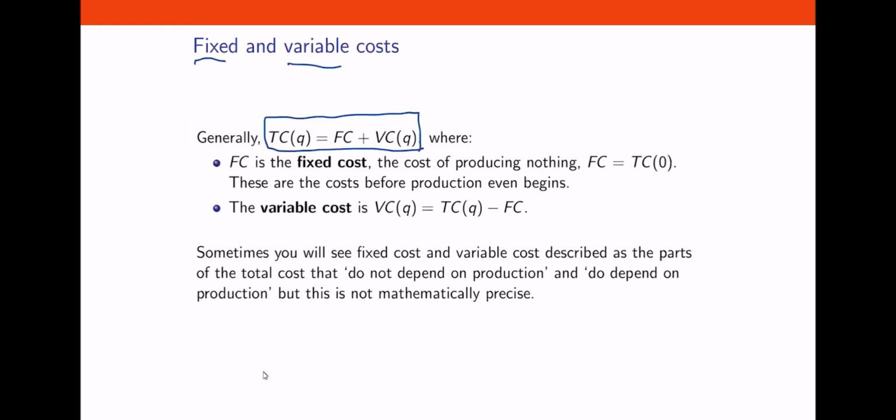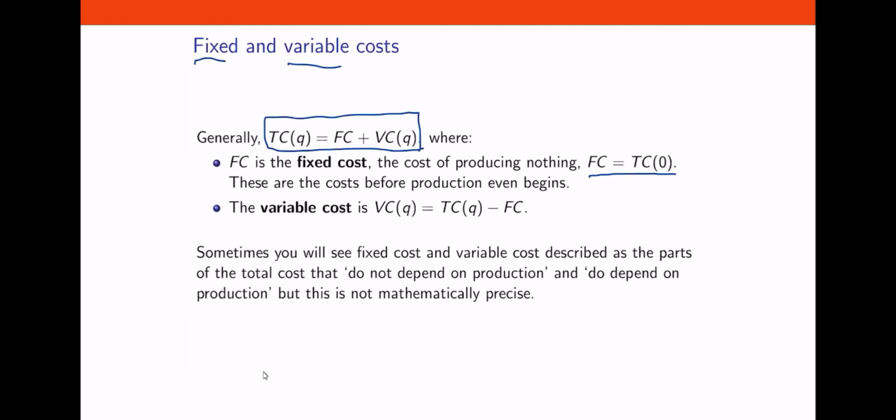It's, as it were, the cost of being in business in the first place. It might be fixed costs such as rental of premises or things like this. So the mathematical definition of fixed cost is it's the value of the total cost when the quantity produced is 0. So it's TC of 0. Think of it as the cost before production even begins.